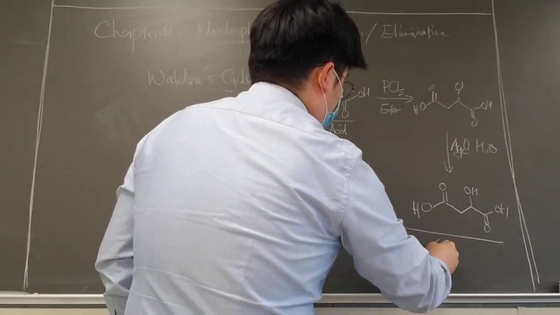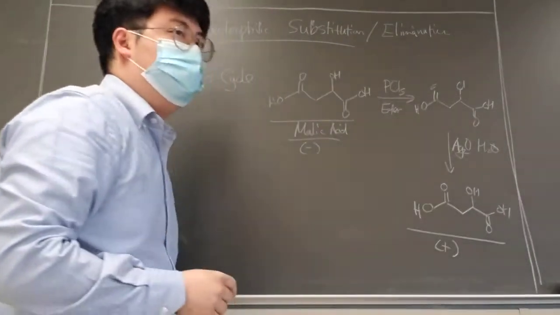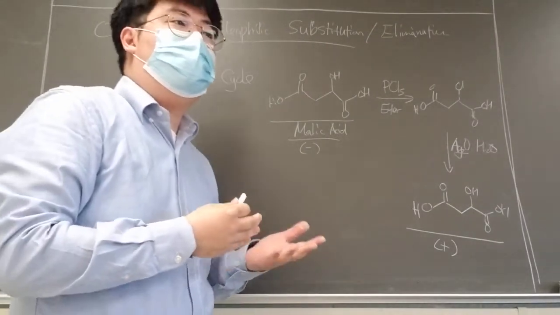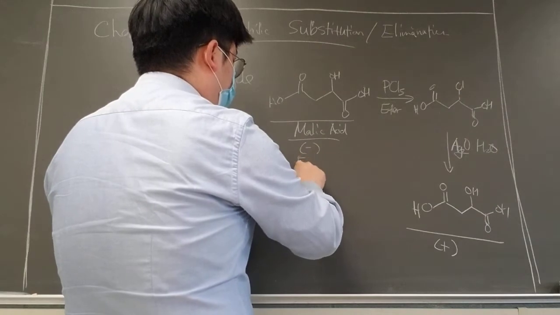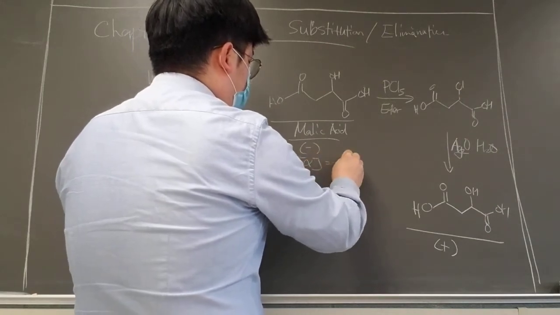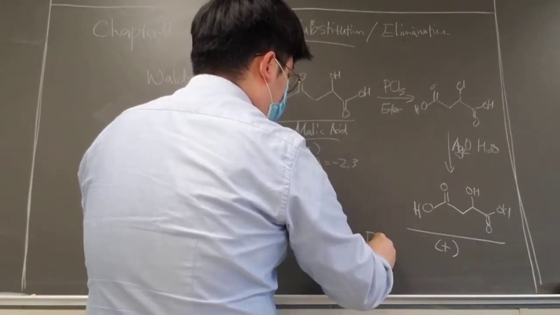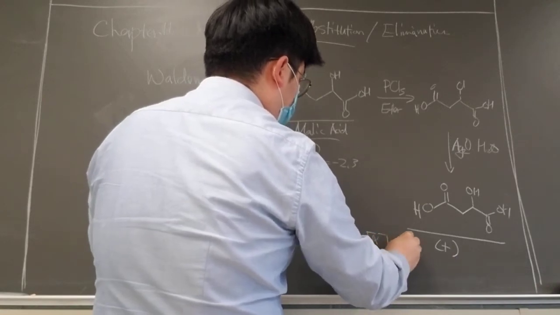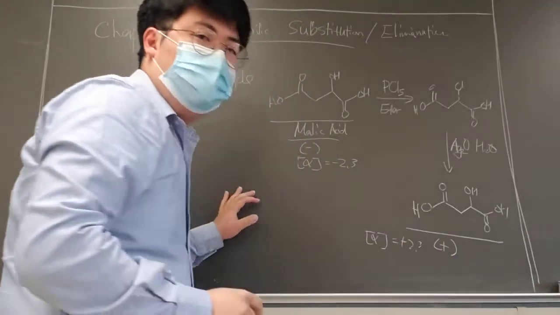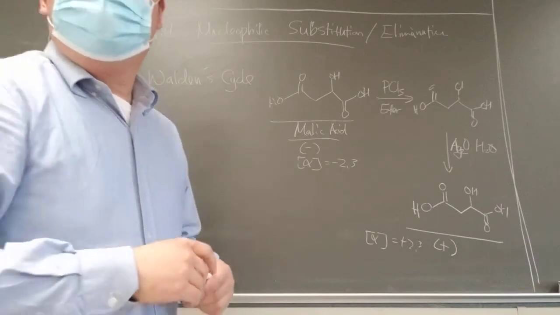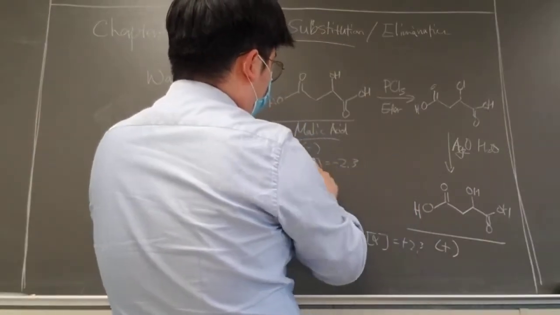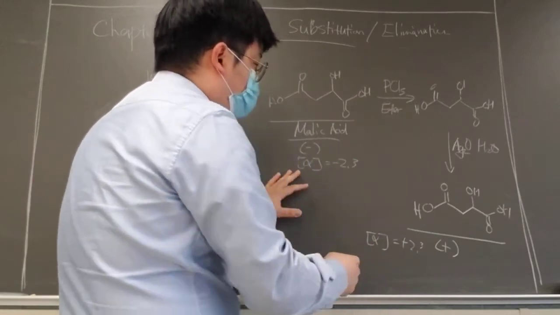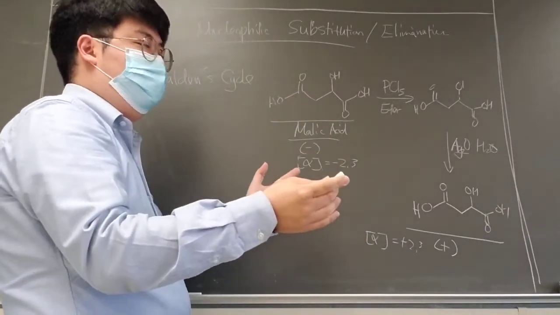But this one actually shows a positive, which is dextrorotatory. The specific rotation was almost the same: negative 2.3 for one, and positive 2.3 for the other. I don't know if it's recorded well. Yeah, it looks fine. So these are the same compounds, but they show opposite optical properties.